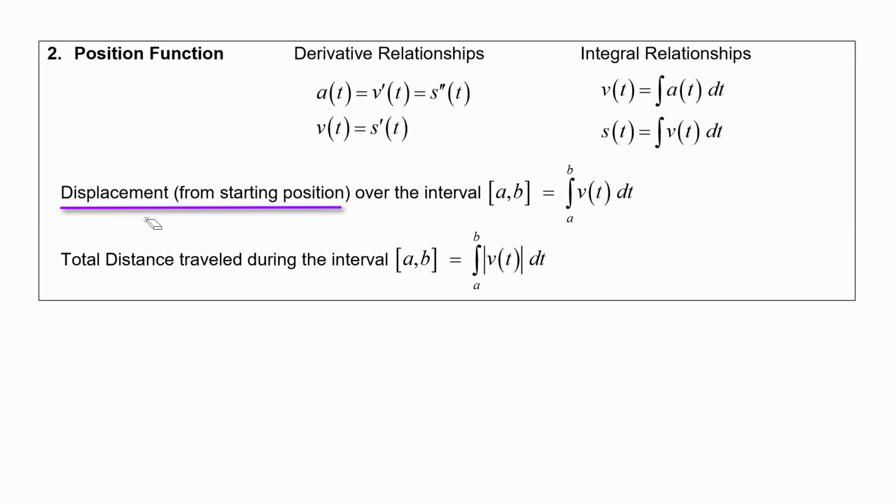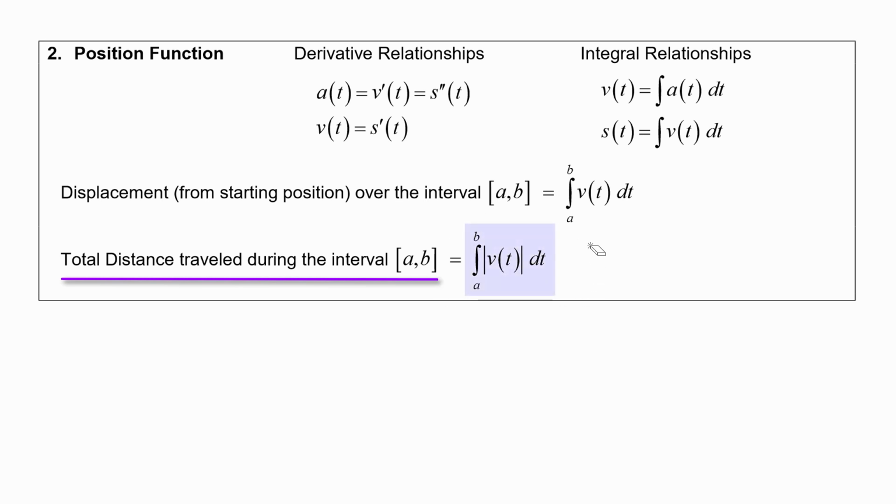So displacement over the interval a to b is given by this definite integral from a to b of v of t dt. And that is different than the total distance traveled during the interval a to b, which is defined to be the integral from a to b of the absolute value of velocity dt.